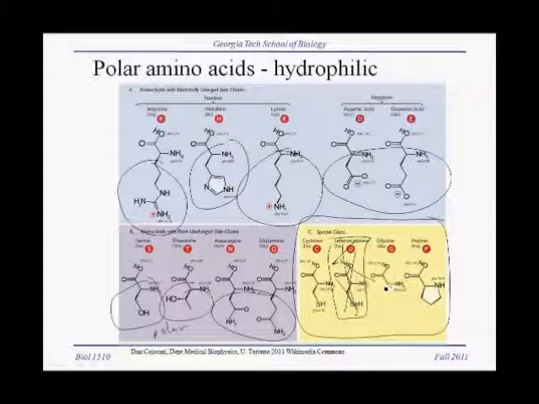Its alpha carbon has only hydrogens attached to it. Proline assumes this really special shape. You notice that the amino group is involved in an extra bond. And cysteine has the sulfhydryl group, which gives it very special properties in terms of protein structure that I'll talk about in just a minute.